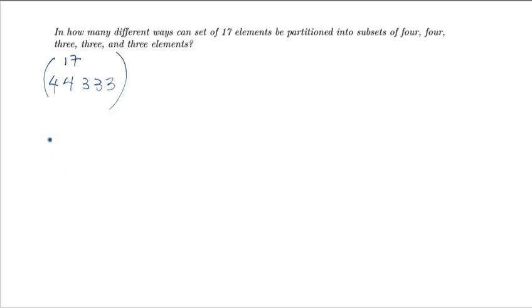So first, I'm separating 17 people into 4, then the 13 people that are left, I will separate again into 4, and then the 9 people that are left, I'll separate into 3, and then 6 into 3, and then the compulsory last one, 3 into 3. All right.